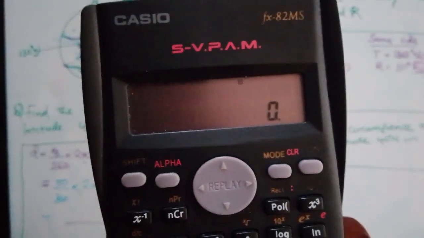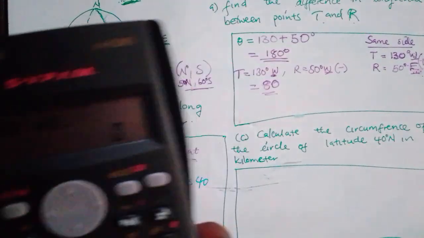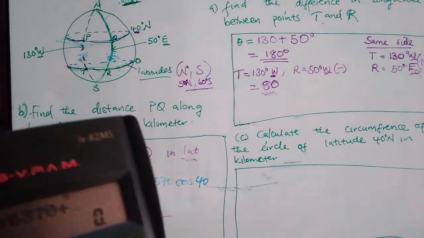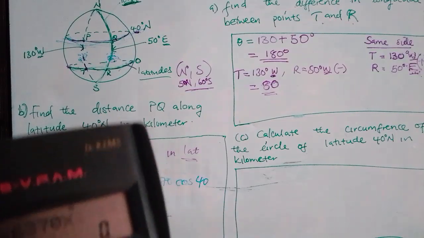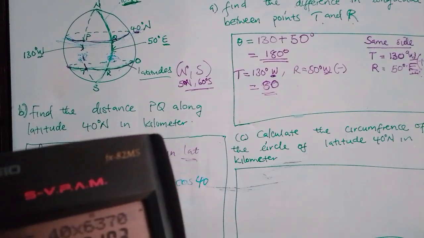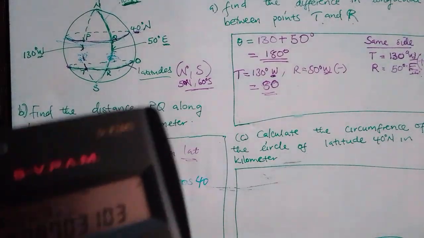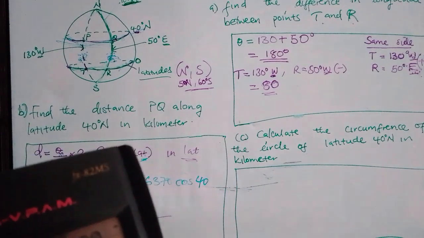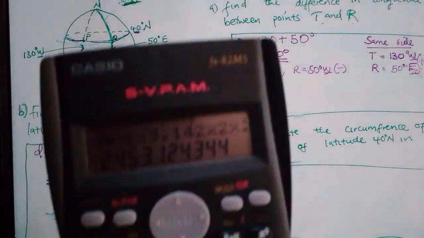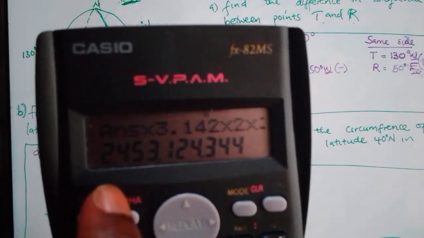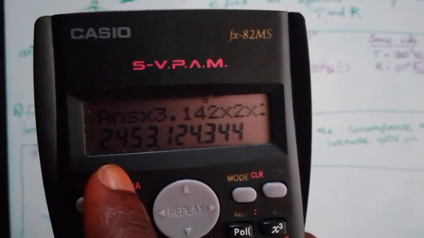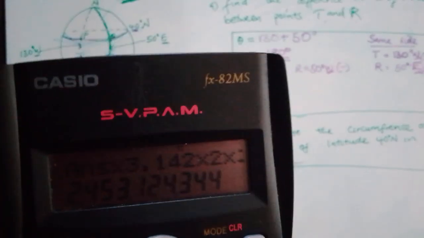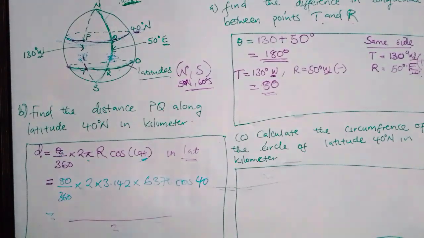So you say cos 40 times 6370 times 3.142 times 2 times 8. So you have 2,453,124 point something.